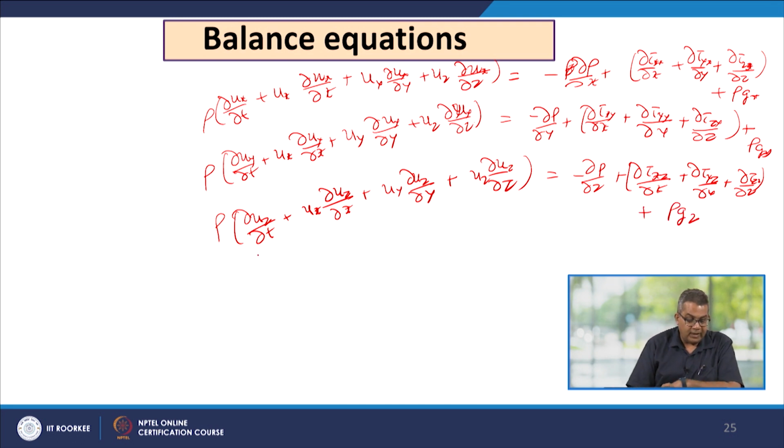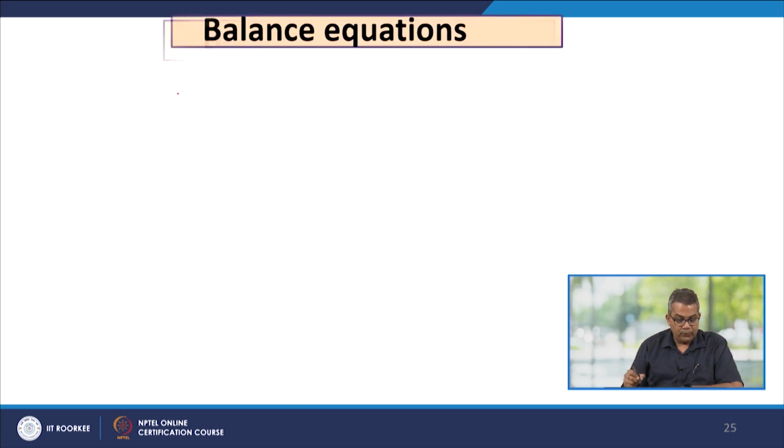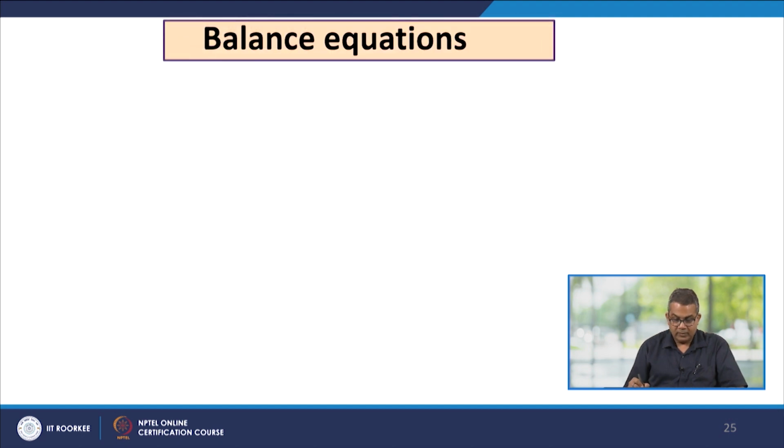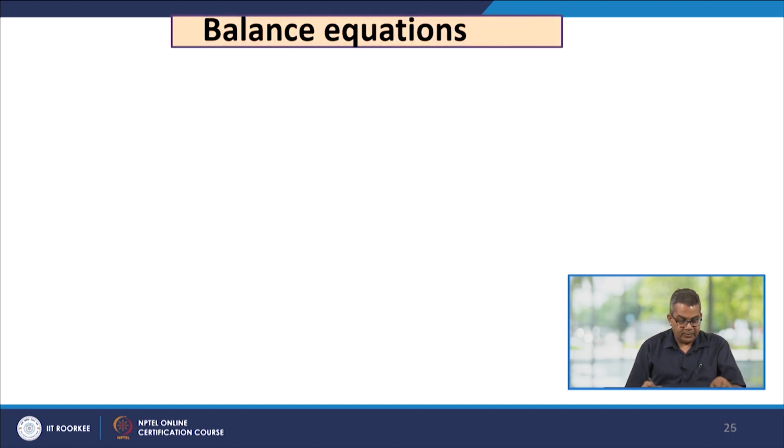So these are the Cartesian coordinate x, y, z equations. Now if we try to write them with the help of the cylindrical coordinates r, theta, z.